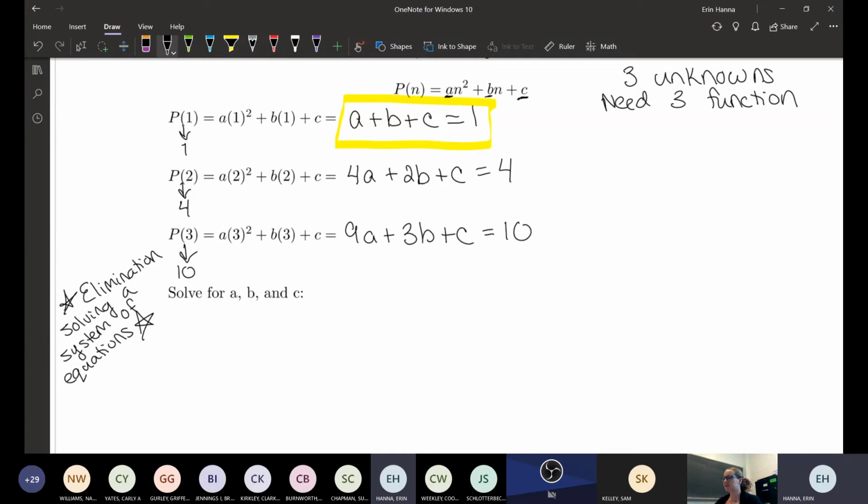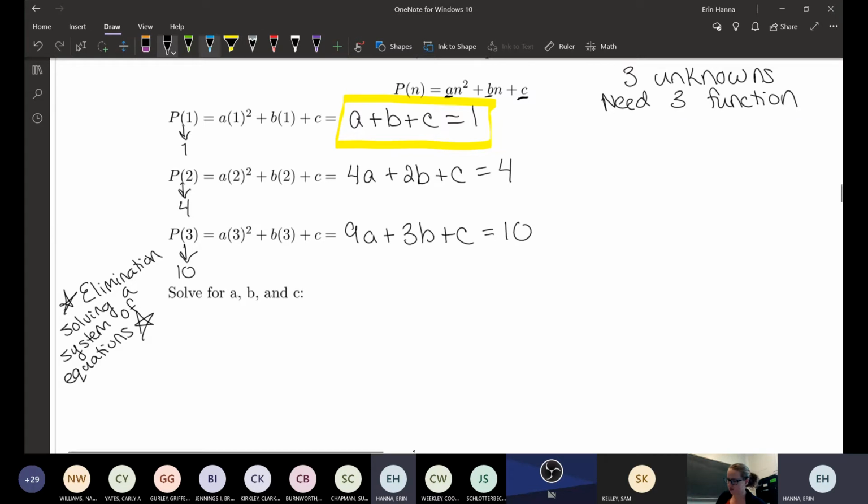So essentially what we want to do is take 2 of these equations that we have, and manipulate one or both of them such that when I subtract one from the other, I get rid of one of those variables. So look at this.